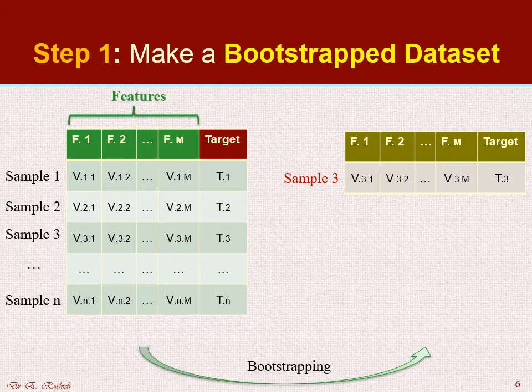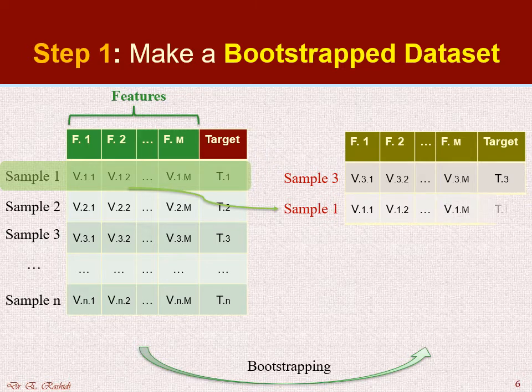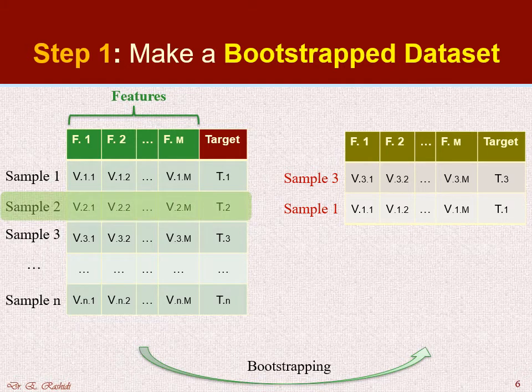Let's now select another random sample from the training dataset. Suppose we selected sample number 1. So this is going to be the second sample in our Bootstrap dataset. We're going to do this again. We select randomly sample number 2.